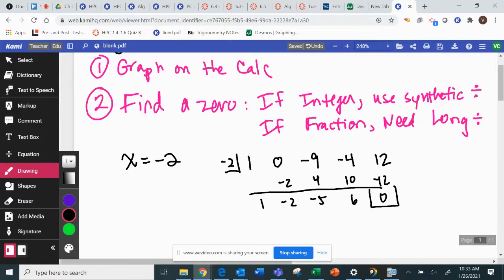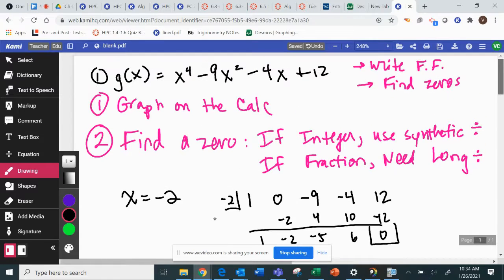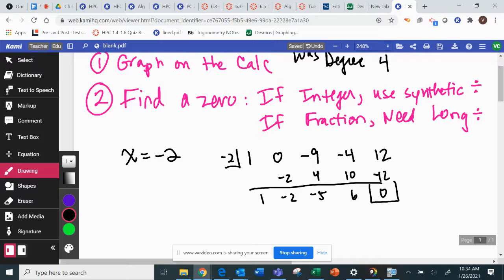And I use my synthetic division, and I do have a remainder of 0, so that means that I did everything correct, that's a 0. The original question was a degree of 4. Now it's a degree of 3.